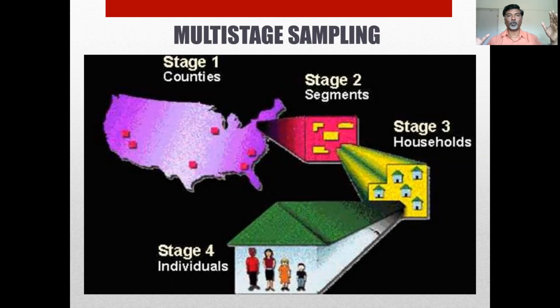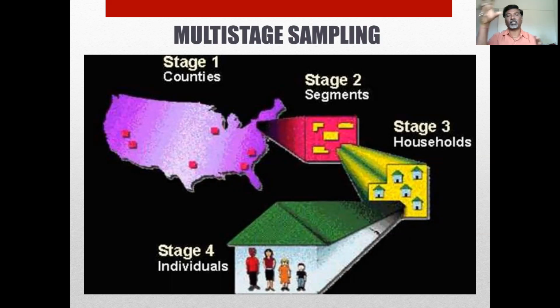So the total population is India, and we have to divide it into different stages. Like we divide the total population of India into a number of states. Each state is divided into a number of districts. The districts are divided into a number of tehsils. The tehsils are divided into a number of cities or villages.